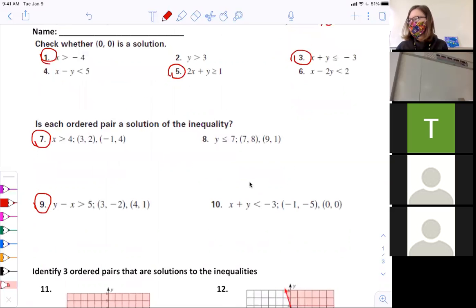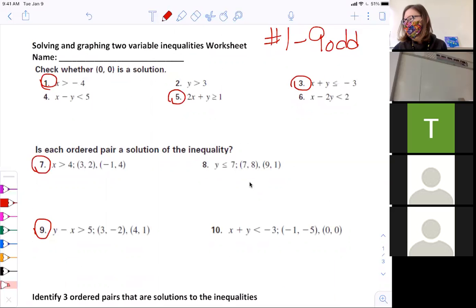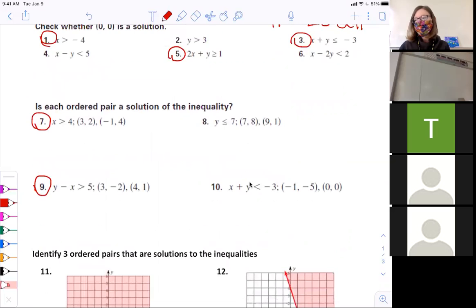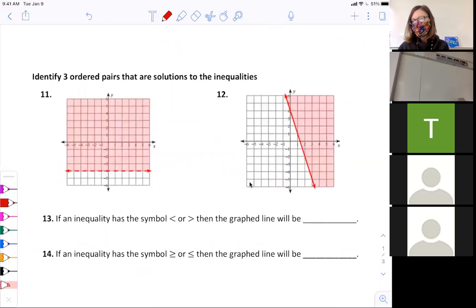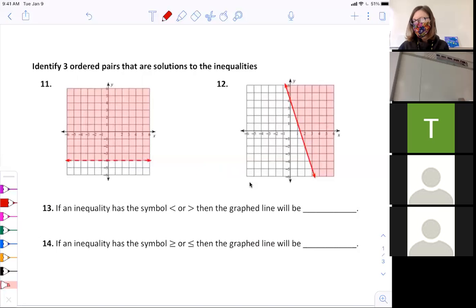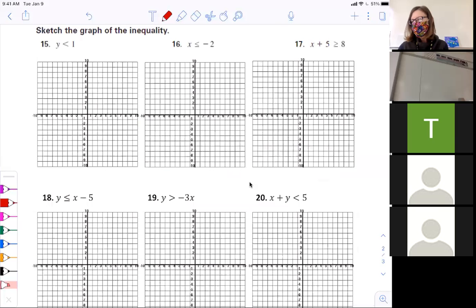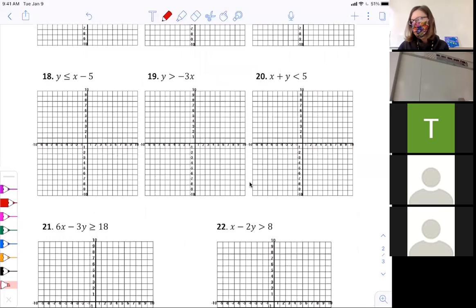After that, we're going to start at 11 and do 11 to 20, all of those. So the first 4 or 5 problems here are odd, and then we're looking at 11 to 20. So you're not going to do the last 2 problems at the bottom.